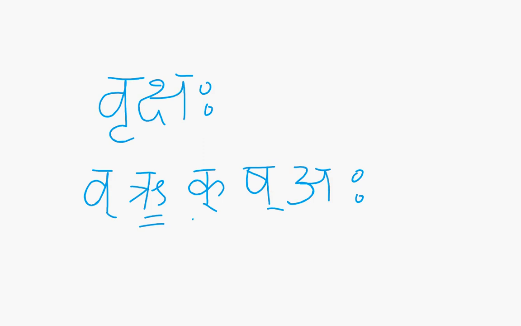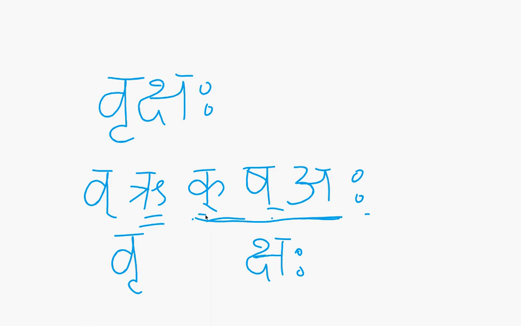I understand the first compound letter, but the second compound letter I'm less clear. So together it is written like this: Ka, Sha and Visarga. So you just have to memorize this letter as those three. This Ka and Sha together are pronounced Ksha. So Vrukshaha. This is the cerebral Murdhanya Sha.